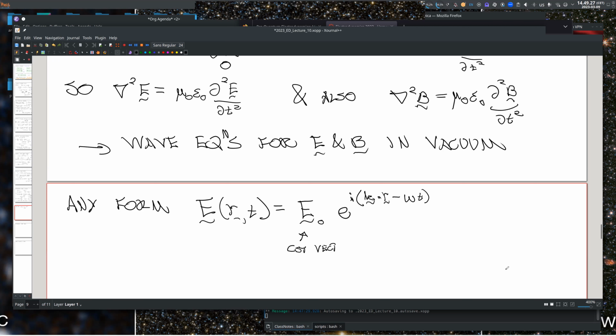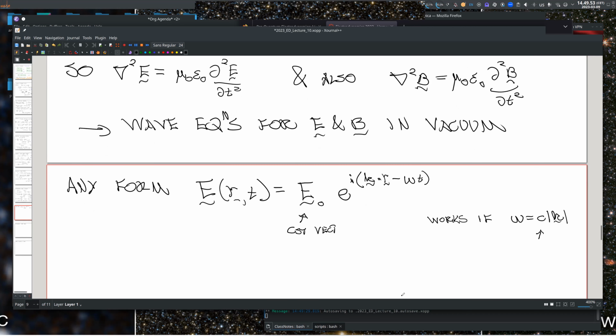Okay. So any form like this, it works if I choose this omega to be c times the absolute value of k, like this, where c is 1 over the square root of mu 0 epsilon 0.